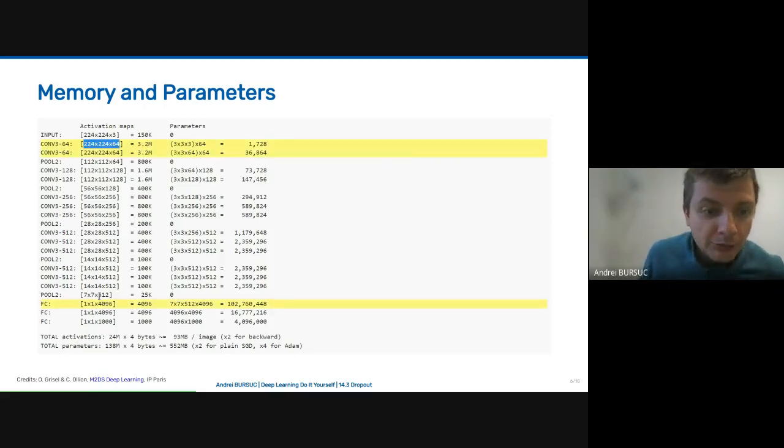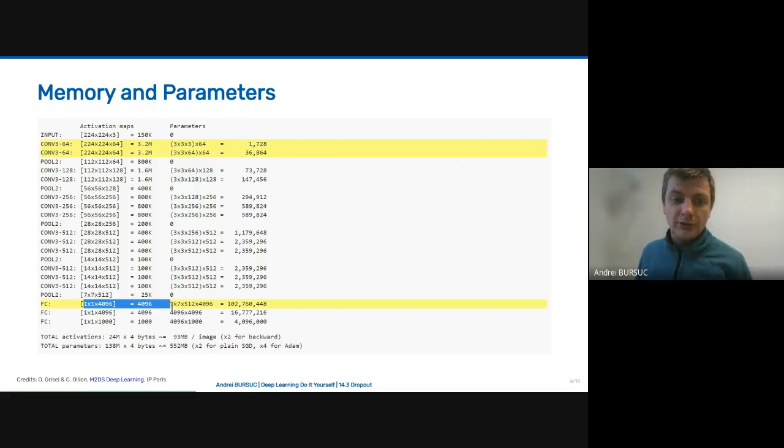When we go towards the end of the network, at the fully connected layer, we see that when we transition from convolutional layers to fully connected layers, there's a huge pile of parameters, right? We have 7 by 7 by 512, which is the size of the feature map here, multiplied by 4,000, which is the number of neurons in my current layer.